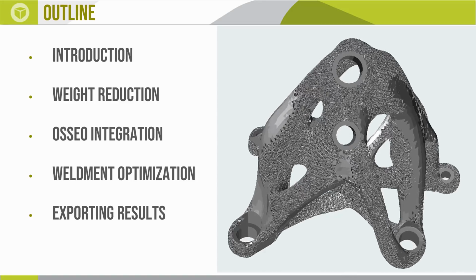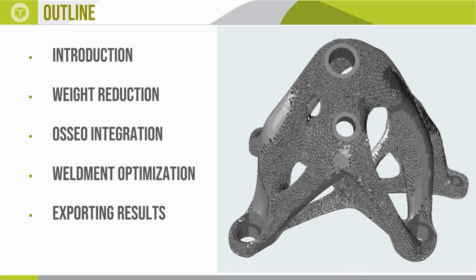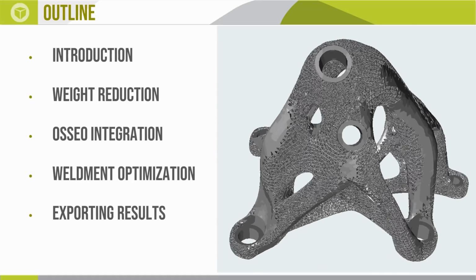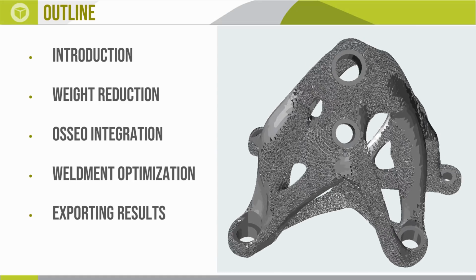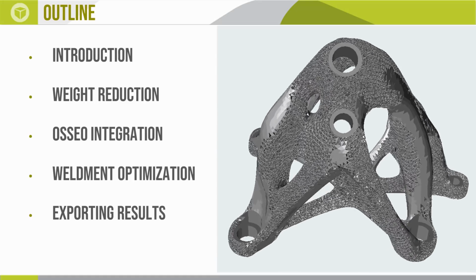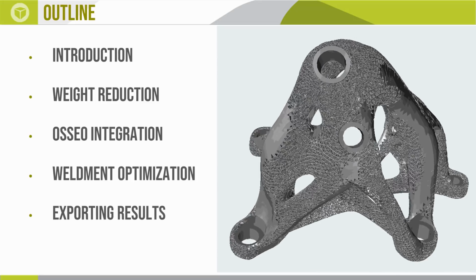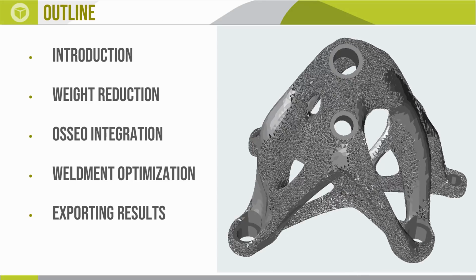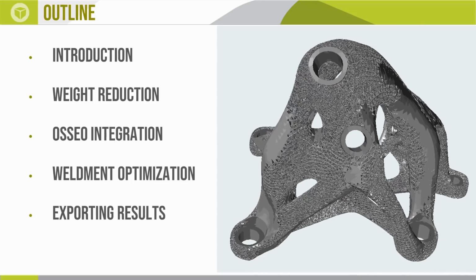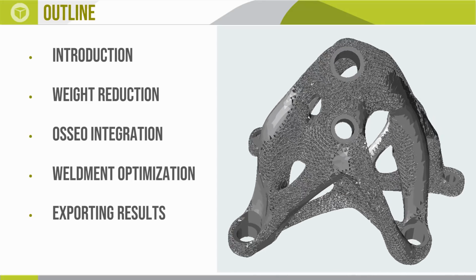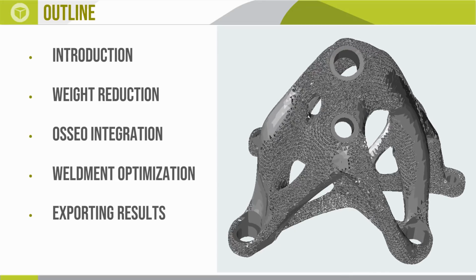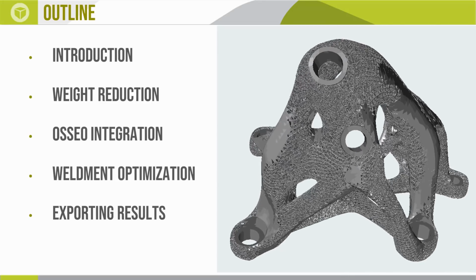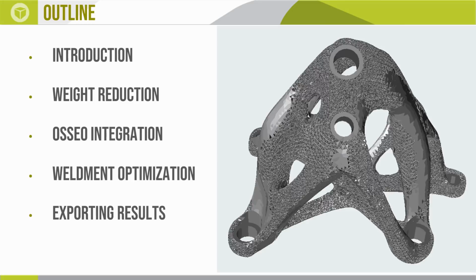The next one, osteointegration. The medical industry loves implants and wants them to be as lightweight as possible. And as long as there's biocompatibility and the bone accepts it, we'll talk about some more functionality there where the lattice structure will help bone ingrowth.